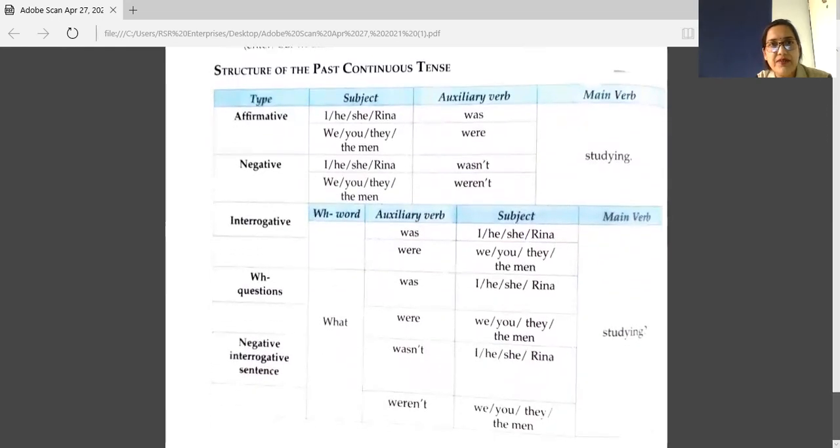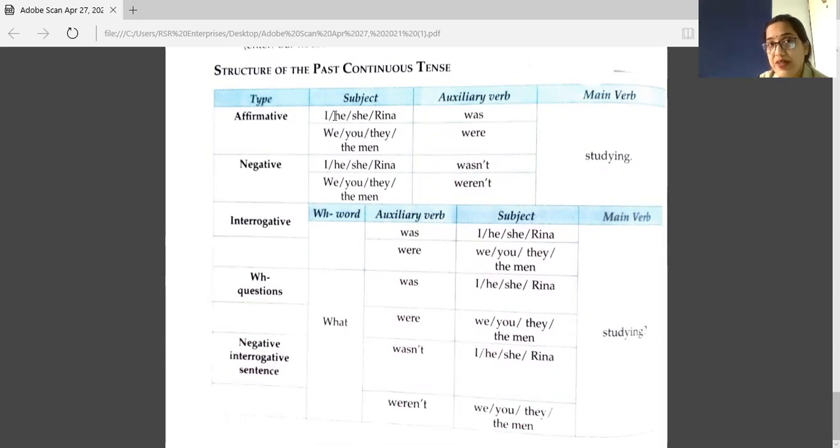Now next we have structure of the past continuous tense in affirmative, negative, interrogatives. First one, affirmative. Subject, here we have he, she, that is third person singular subject, Reena here.